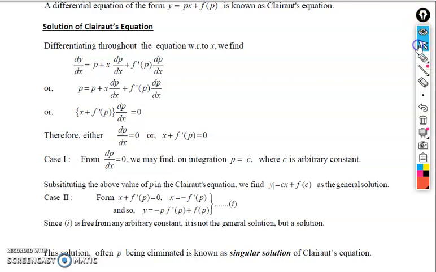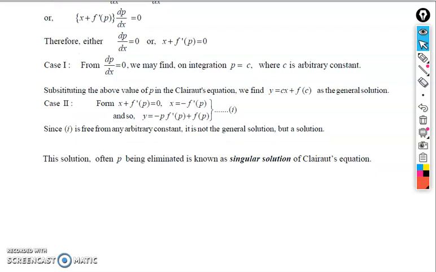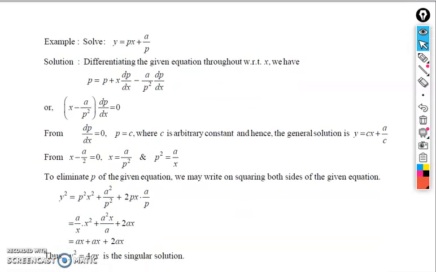If somebody asks you what is the relation between the singular solution and general solution, just remember this: the singular solution is the envelope of the family of general solutions.